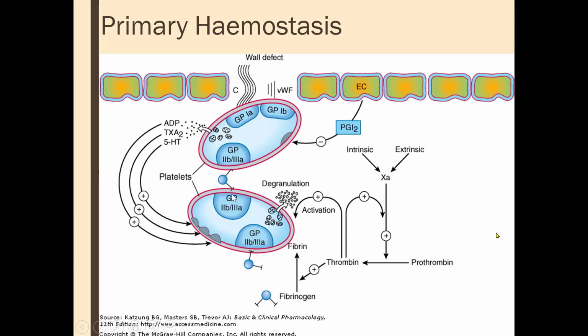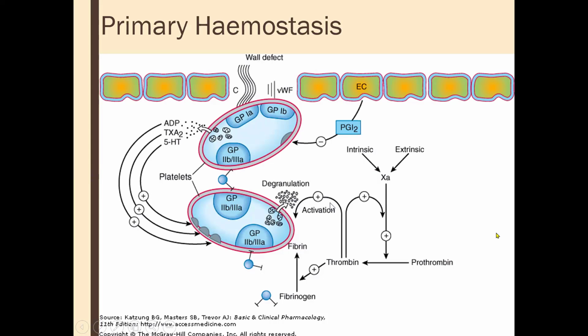These receptors help attach two or more platelets, and also attach to fibrin, so that blood clots are formed, alongside the coagulation cascade. This 2B3A receptor activation is the final step of platelet aggregation, so we have drugs targeting this receptor as well.